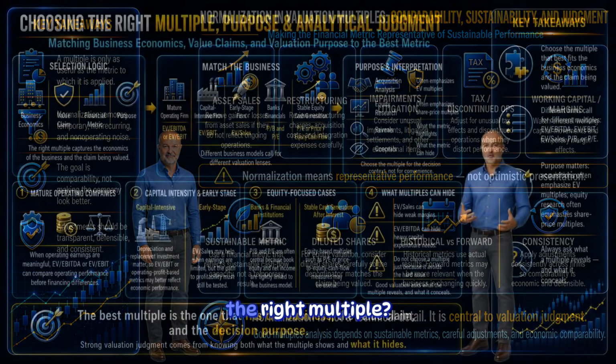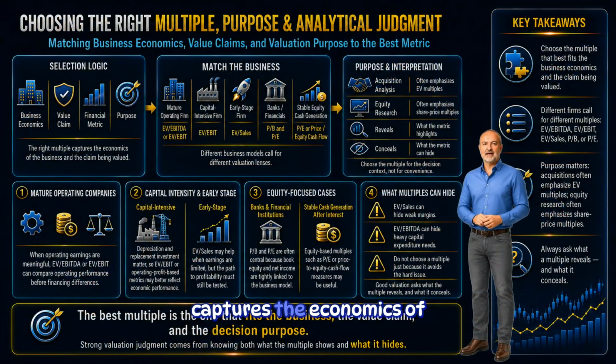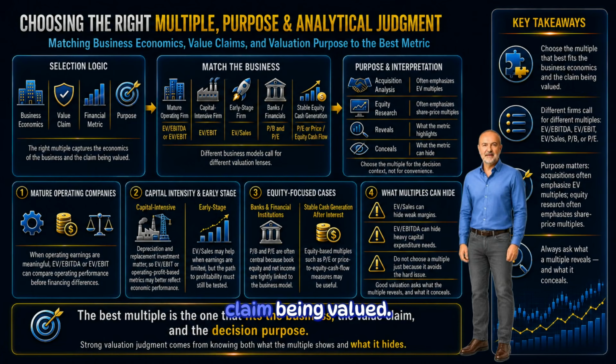How do we choose the right multiple? The right multiple is the one that best captures the economics of the business and the claim being valued. For a mature operating company with meaningful operating earnings, EV to EBITDA or EV to EBIT may be useful because operating performance can be compared before financing differences.